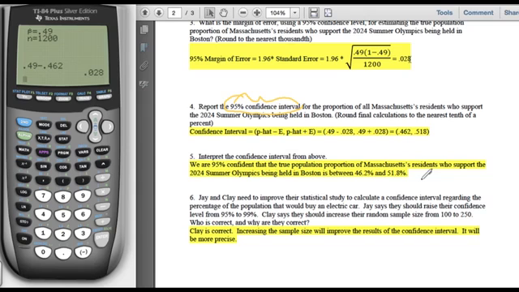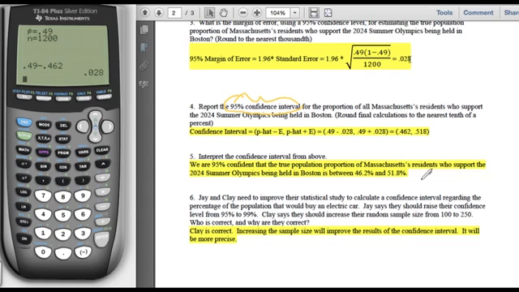Final question for this review video says Jay and Clay need to improve their statistical study to calculate a confidence interval regarding the percentage of the population that would buy an electric car. Jay says they should raise their confidence level from 95% to 99%. Clay says they should increase their random sample size from 100 to 250. Who is correct and why?